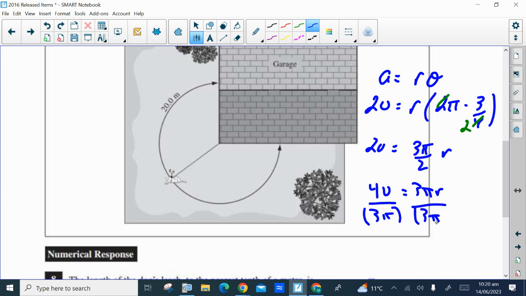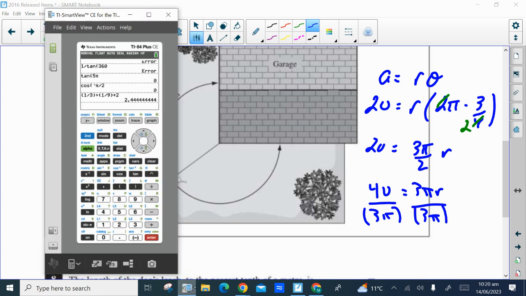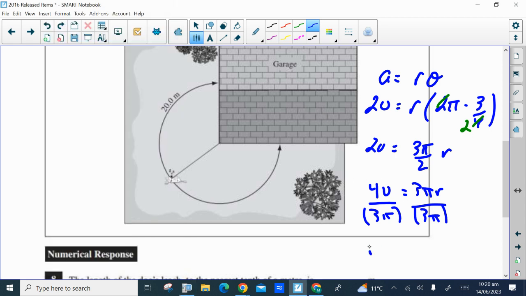When you do it in your calculator, you got to put the 3 pi in brackets to keep both the 3 and the pi in the denominator. So r would be 4.2 to the nearest tenth, and that would be in meters because the arc length is in meters.